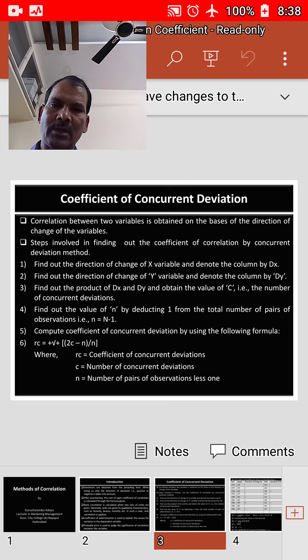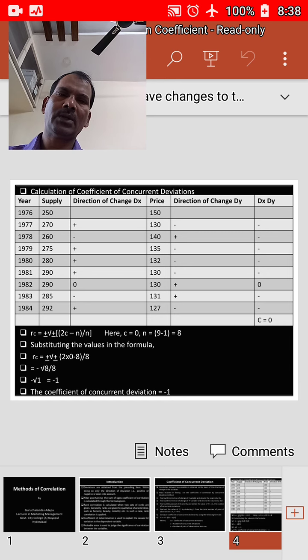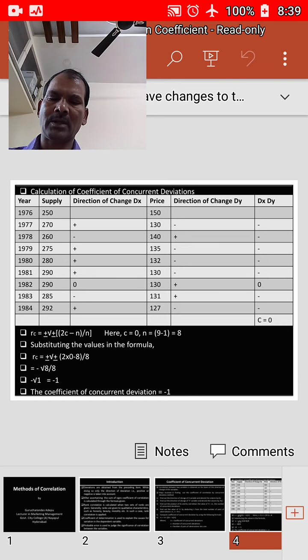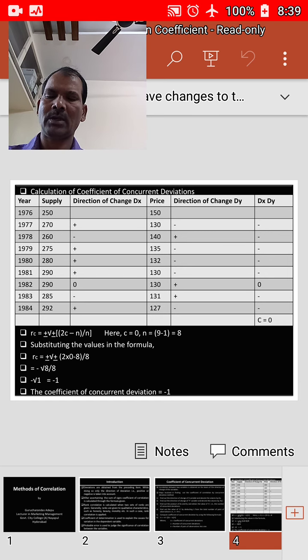The following one, if we take one example for the better understanding of this, we will go through an example. Calculate the coefficient of correlation by using the concurrent deviation method. He has given the years 1976, 1977, 1978, 1979, 1980, 1981, 1982, 1983, 1984, and the corresponding supplies, that is 250, 270, 260, 275, 280, 290, 290, 285, 292.